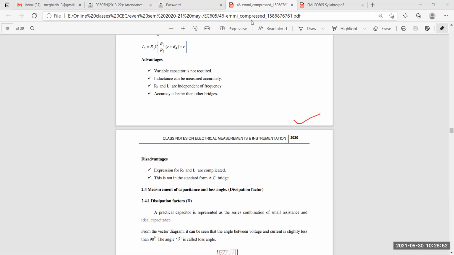These are very big disadvantages: the circuit is complex, the equation is complex, the phasor is complex. So if anybody is asked to find the inductance, we straight away go for the Maxwell inductance-capacitance bridge because it is much simpler and easier. Our motto should always be to use a simpler model, a simpler circuit.